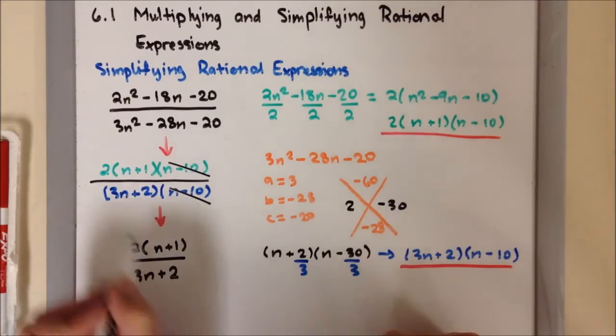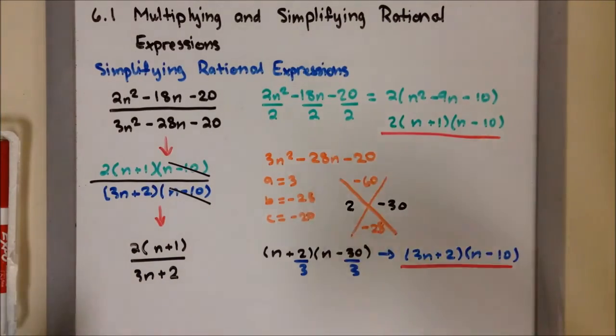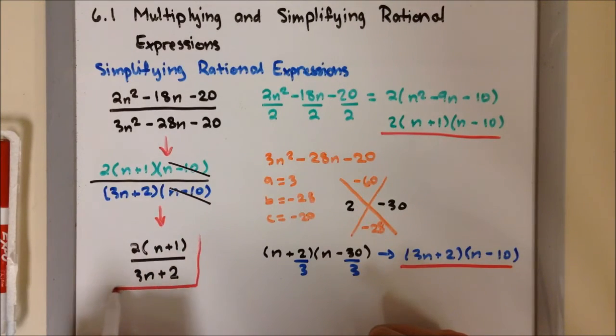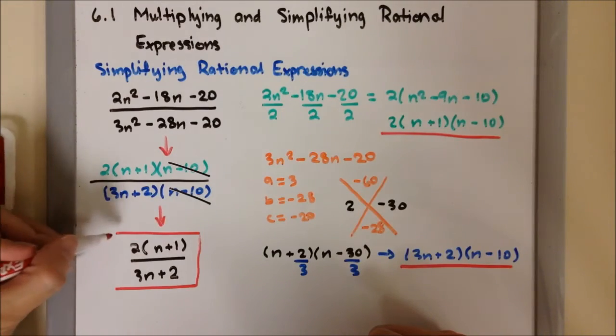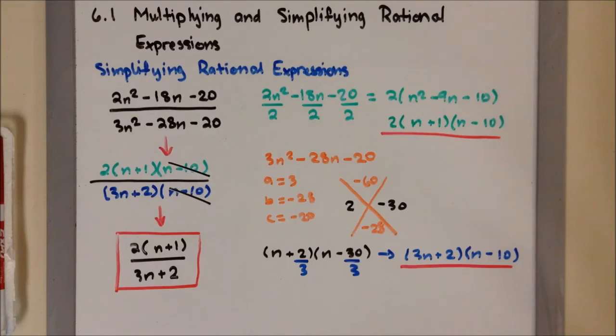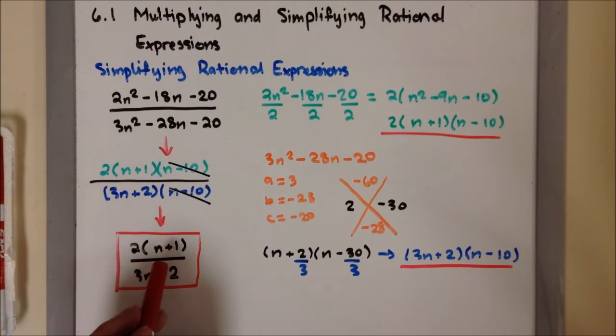Since it's a single factor in the denominator, I didn't have to include the parentheses. And this is my answer. So my final answer is 2 times n plus 1 in the numerator, and in the denominator 3n plus 2.